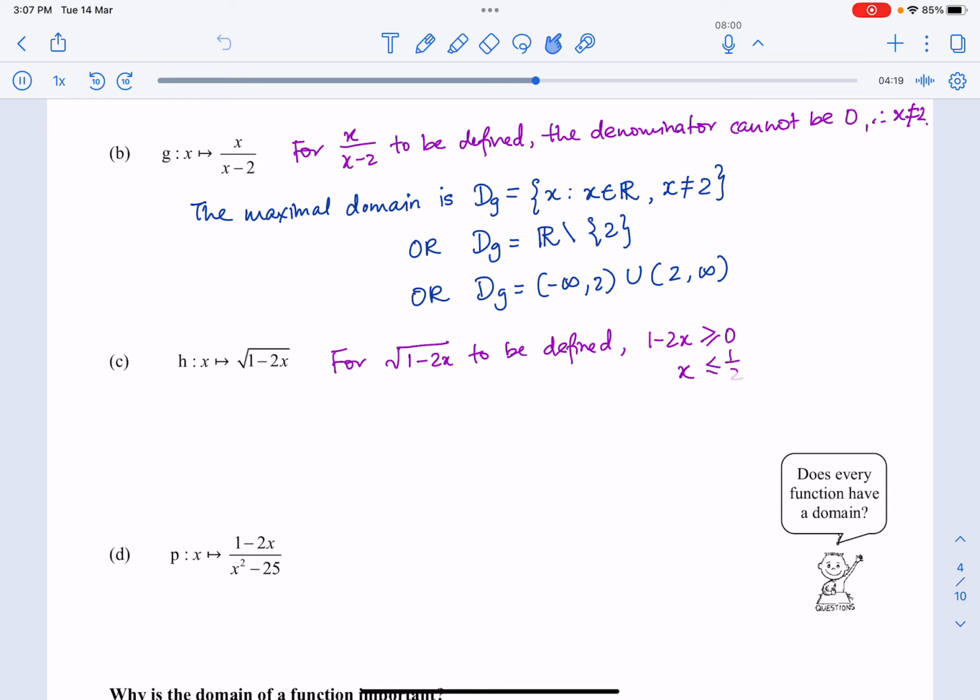So in this case, the maximal domain is D, and it is given by the function h, so your subscript will be written as a letter h, which equals, in set builder notation, x such that x is an element of all real numbers and x has to be less than or equal to half.